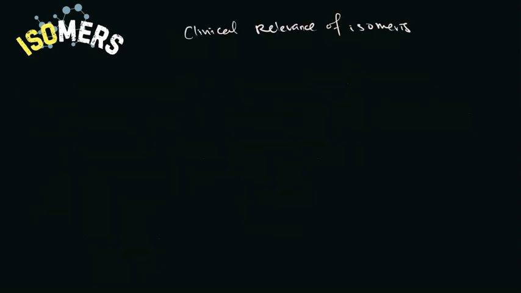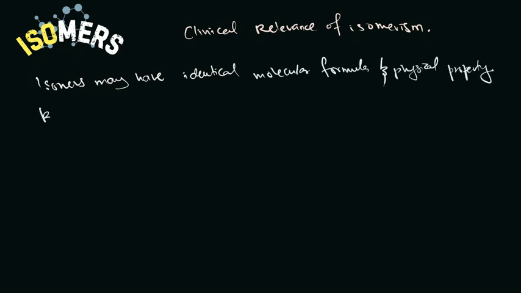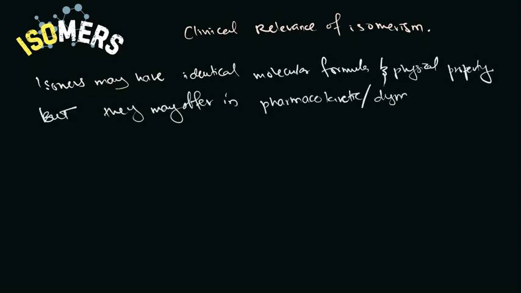So what is the importance of knowing all these isomers? What is the clinical relevance of isomers? They may have identical molecular formula and physical properties, but the differences in pharmacokinetic and dynamic properties are what concern us anesthetists.